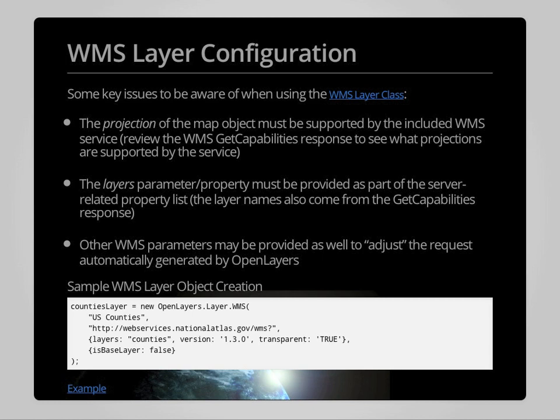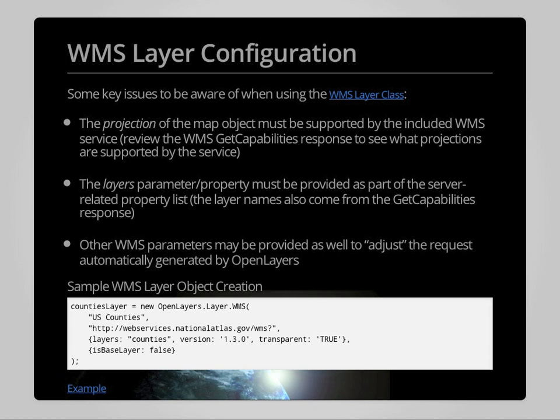So if you are not satisfied, or if for some reason you need to directly specify transparency or the WMS version or the format of the images that are returned, you can specify them explicitly within the server interaction parameters or options for the WMS layer.